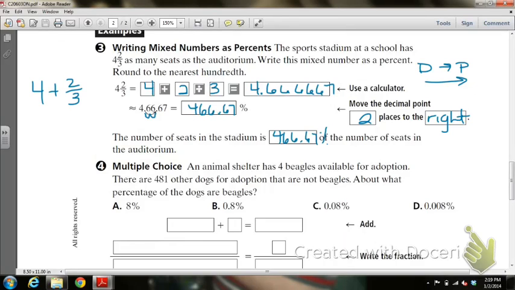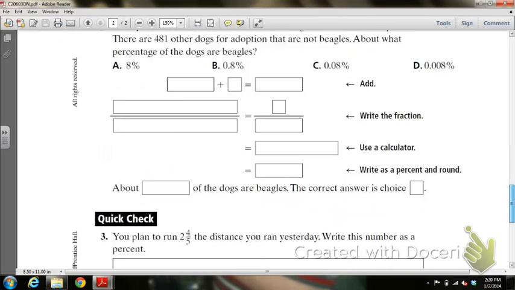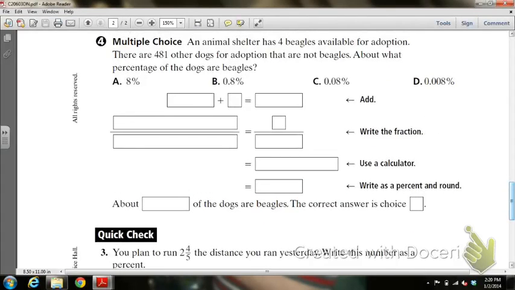So, if there are 481 other dogs and 4 beagles, I'm going to add those two numbers together because that's going to give me my total dogs.